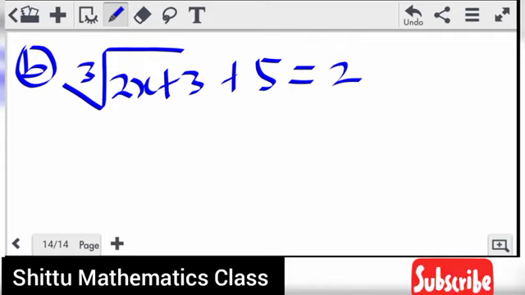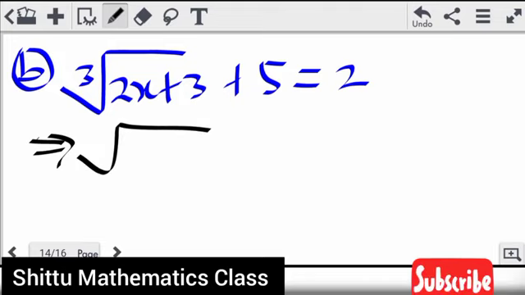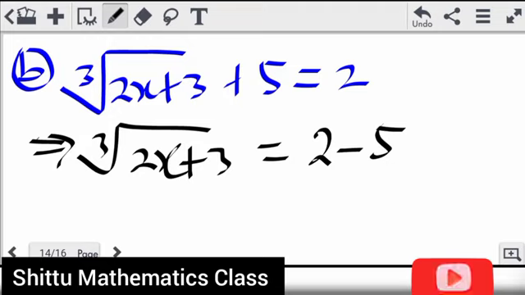Now we try to isolate everything under the radical sign, with the sign itself. Trying to isolate this, we are going to take 5 to the other side of the equation, the right hand side. Then the first term of this equation is isolated, so we have the cube root equals 2 minus 5.